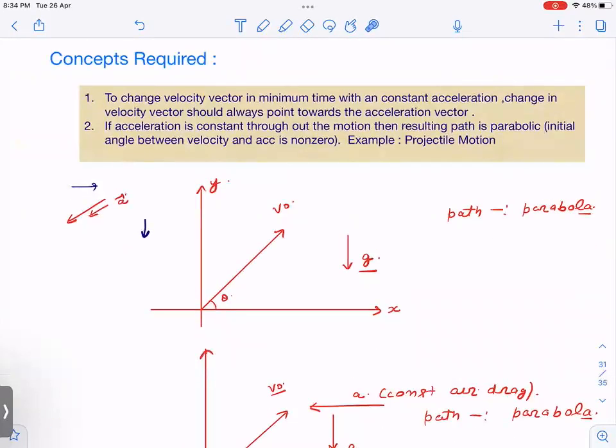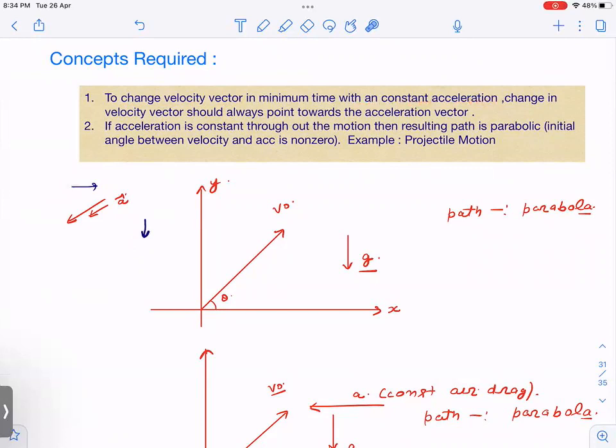The concept says that to change the velocity vector, suppose you are moving in a car like this in this direction, and you want to take a turn so that your velocity vector becomes this way. Initial speed and final speed are the same, right? And acceleration is constant.